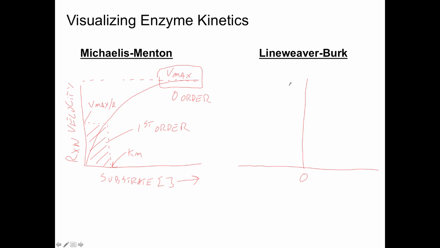This line represents 1 over the initial velocity. This line represents the slope. The slope of the line is equal to Km over Vmax, where the line intercepts the y-axis, or 1 over V0, is the intercept. And this is equal to 1 over Vmax.